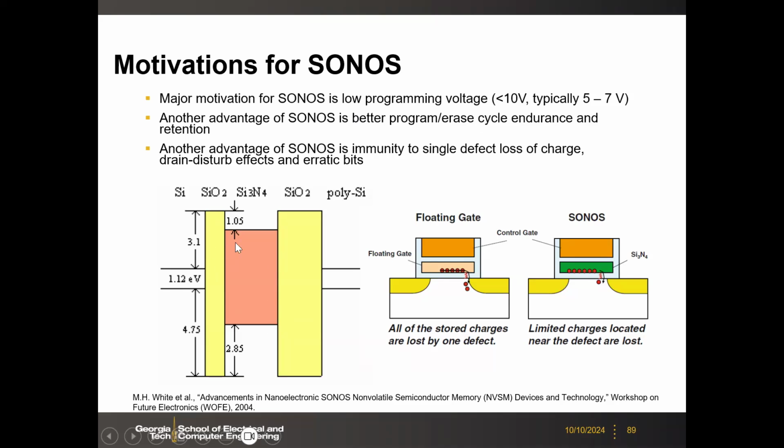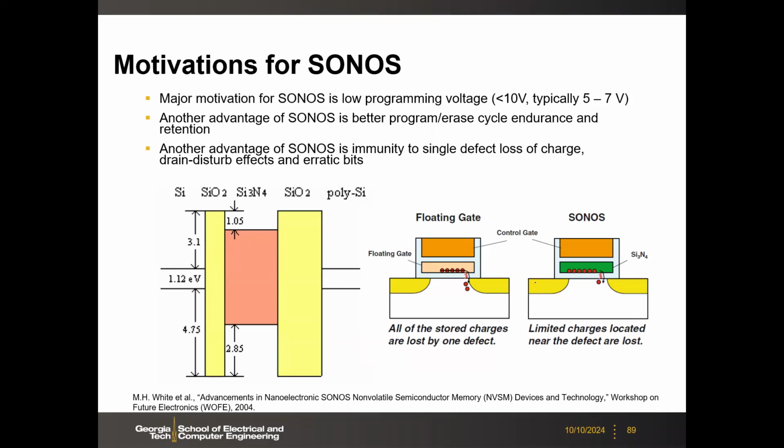This is because if you look at the band diagram, the silicon nitride potentially has many trap sites for the electrons to stay in the nitride layer.